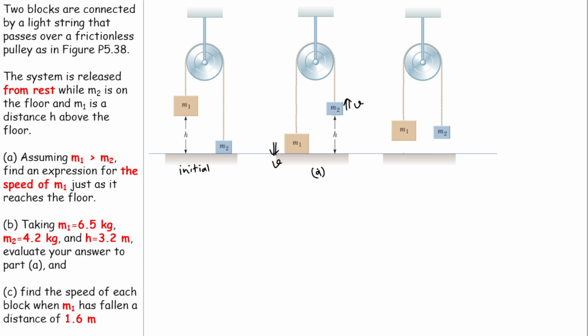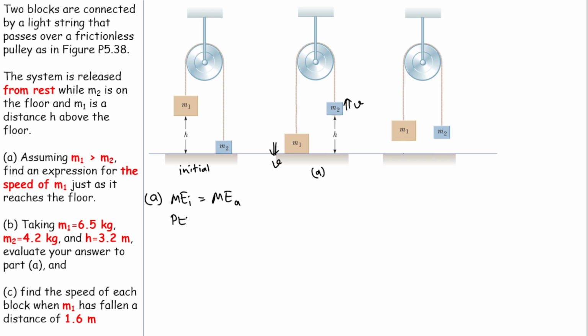And we can answer this using conservation of mechanical energy. So the mechanical energy in the initial state will equal the mechanical energy of question A here, right? In the initial state we have only the potential energy of M1.